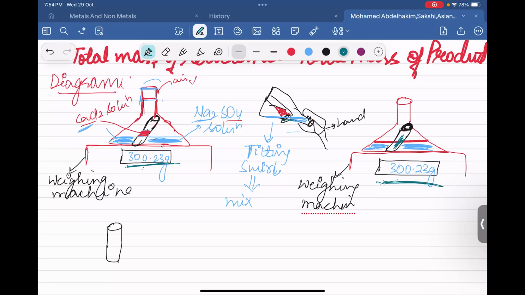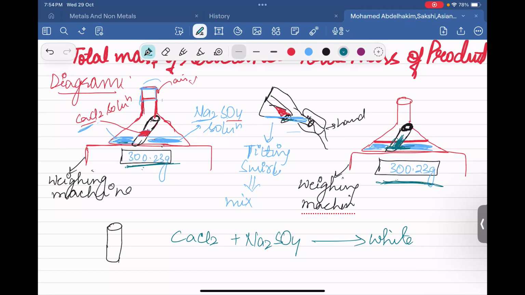This was the whole experiment. When calcium chloride reacts with sodium sulfate, a white color precipitate is formed.